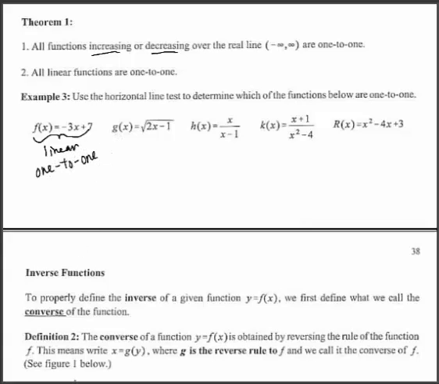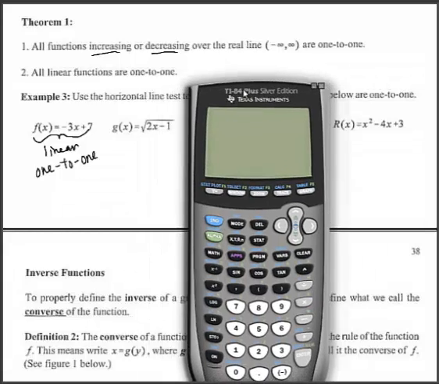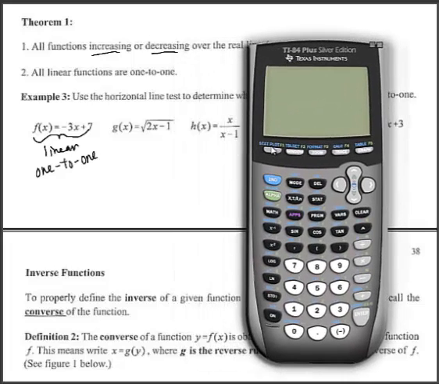All right, but we can still look at the graph. We can't see the whole thing, but we've already talked about linear functions, and we decided that they are either constantly increasing or decreasing. In this case, negative 3x plus 7 has a negative slope. The slope is negative 3. So this one is always decreasing.